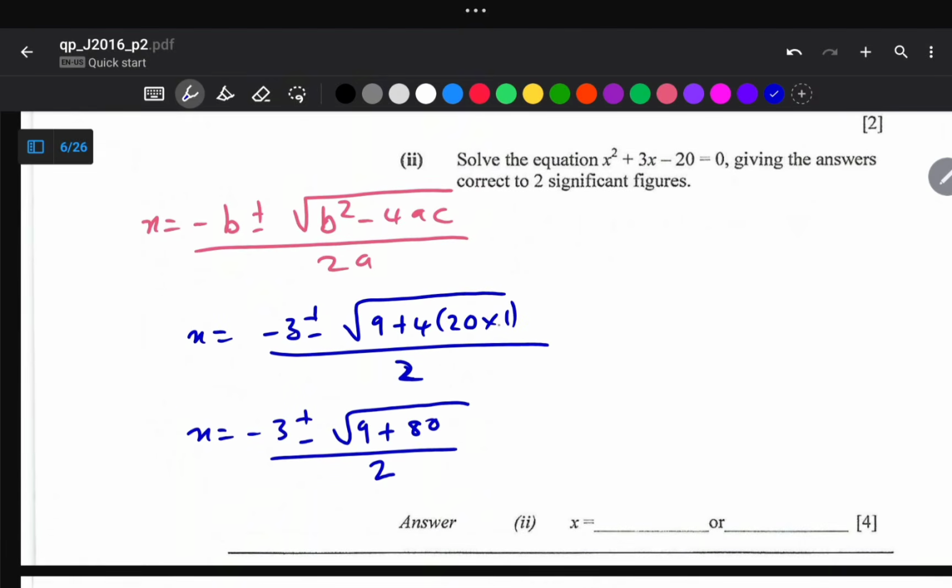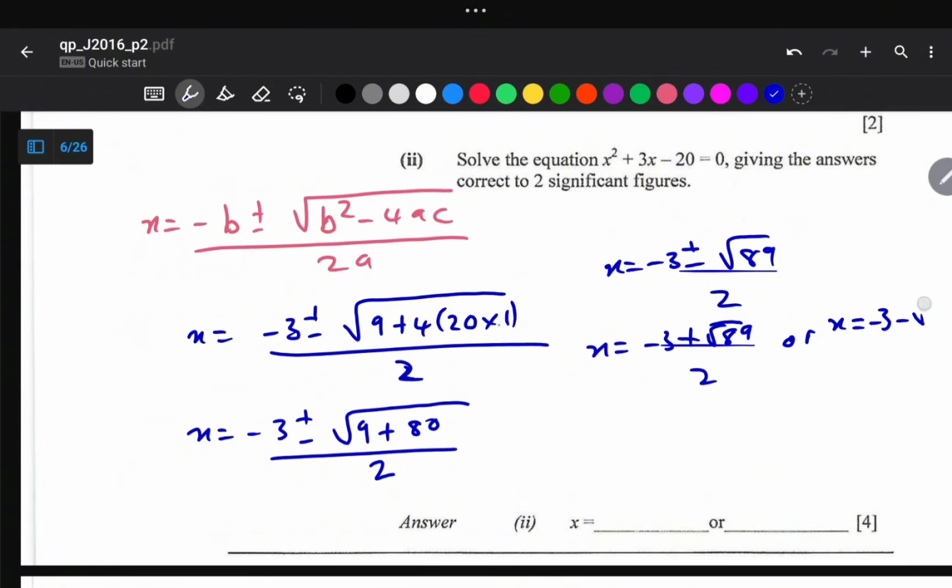So it is now x being equal to negative 3 plus or minus square root of 89 divided by 2. So x is either equal to negative 3 plus square root of 89 divided by 2, or x is equal to negative 3 minus square root of 89 divided by 2.